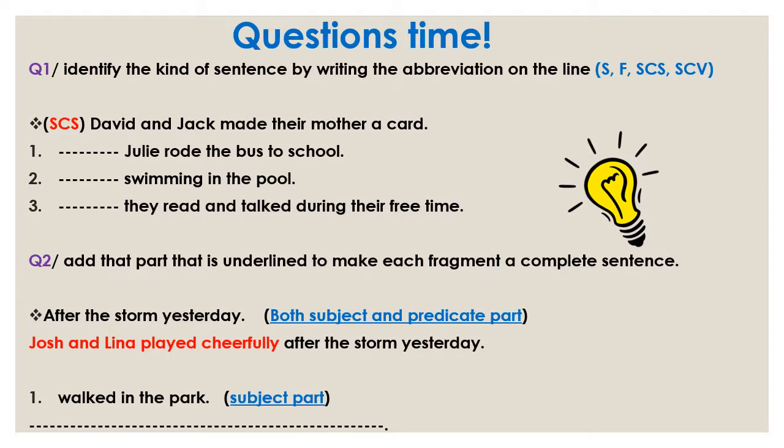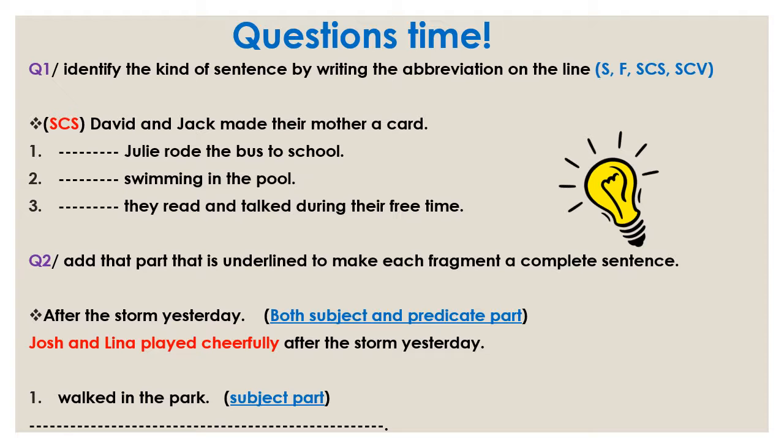Now, David and Jack made their mother a card. What type of sentence is this? Write me the abbreviation right here on the line. You see the lines that I did for you? So, you have David and Jack. This is a simple sentence, right? And what do you have in this simple sentence?